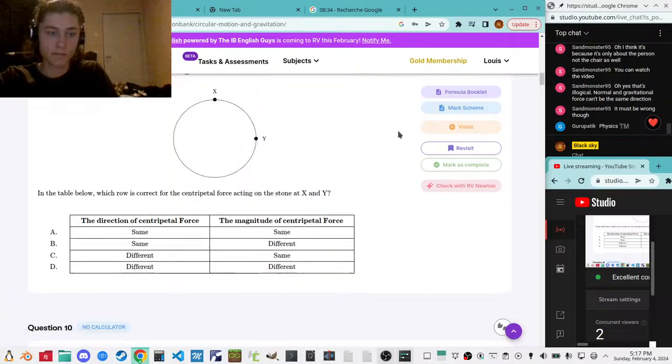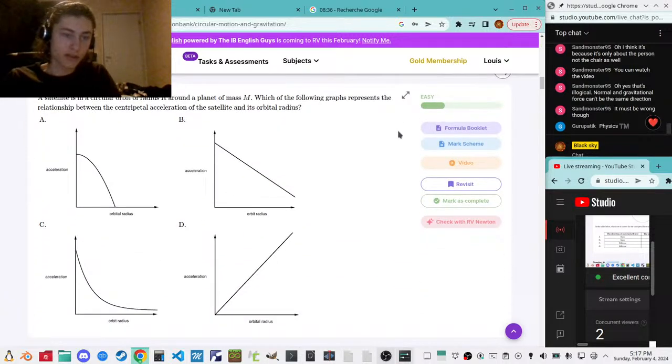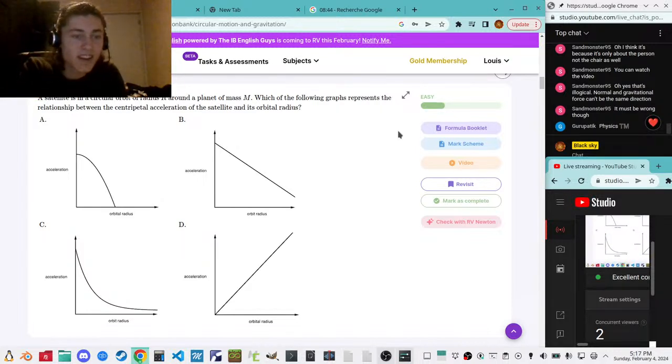Okay. A satellite in a circular orbit of radius r around a planet of mass m. Which of the following graphs represents the relationship between the centripetal acceleration of the satellite and its orbital radius?